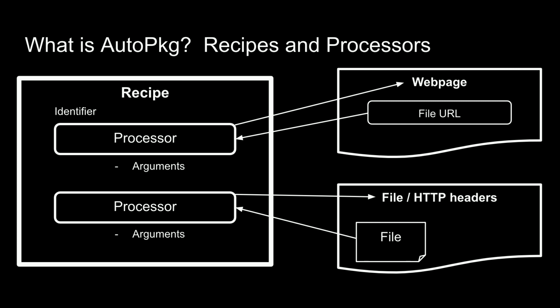And each one of those processors is generally going to have an argument, and that argument tells the processor what to do. And in most download recipes, it's going to tell a processor to reach out to a web page and look inside that web page for a file URL to determine what's the newest file to download from that web page.